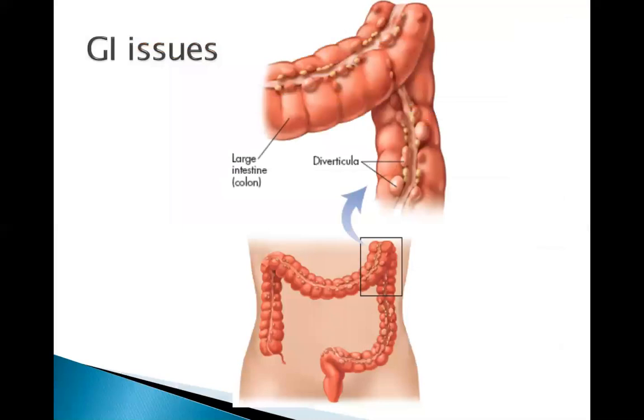GI issues. So what can go wrong in our gastrointestinal tract? So many things. What you see here is something called diverticula. And diverticula are little pockets, or little outpouches, that form in the large intestine.